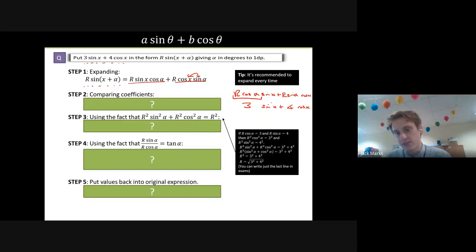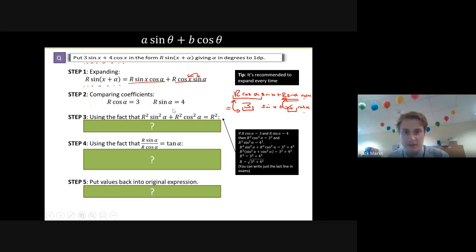And what goes along with sine x in terms of what we're dealing with? It's 3. So these then must be equal. If we are to write it in this form, these parts here need to be equal. We can do the same over here. What goes with the cos x? R sine alpha goes with the cos x, and what number goes with it? It's 4. So you can make two sort of mini equations by doing this.